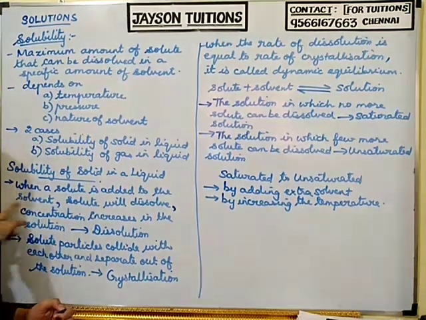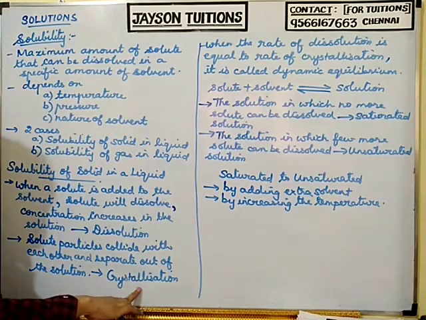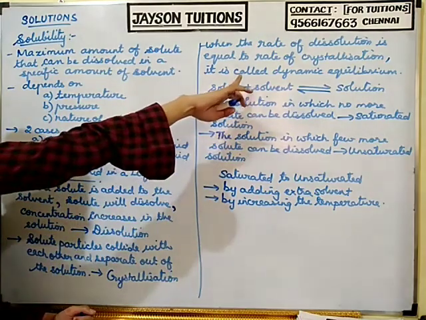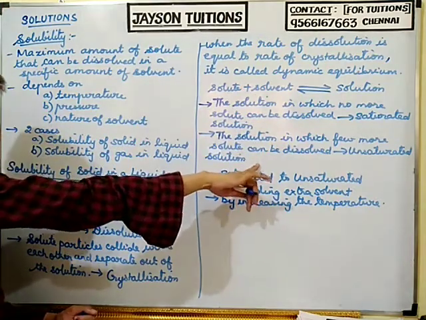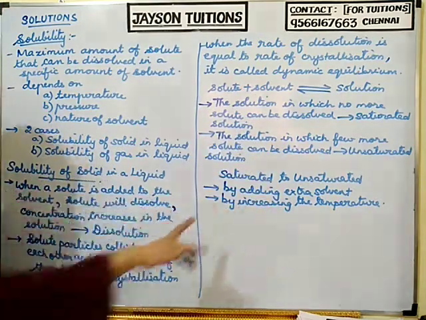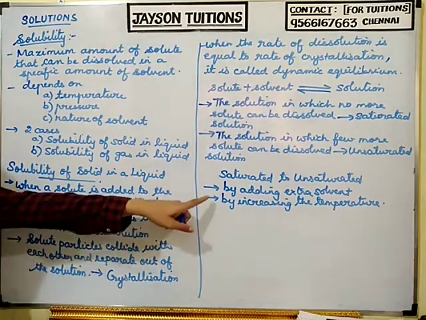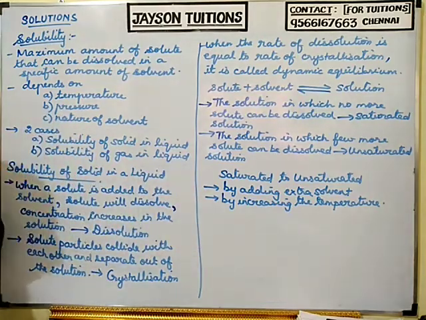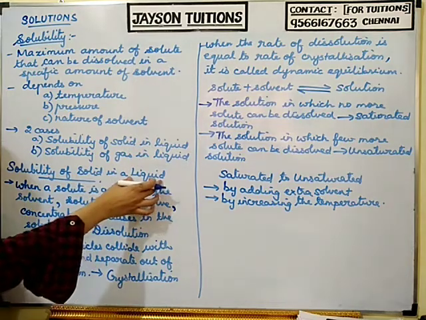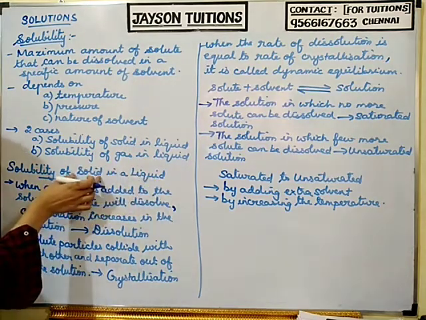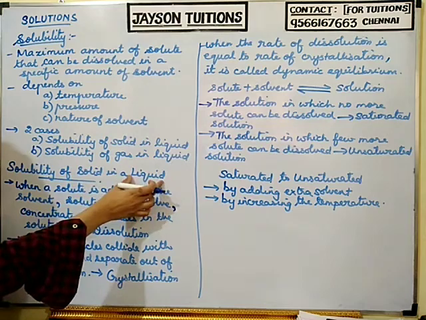So we have studied what is dissolution, what is crystallization, what is dynamic equilibrium, what is saturated solution, what is unsaturated solution, and how to convert a saturated solution into unsaturated solution. Now, I am going to dissolve a solid in liquid.